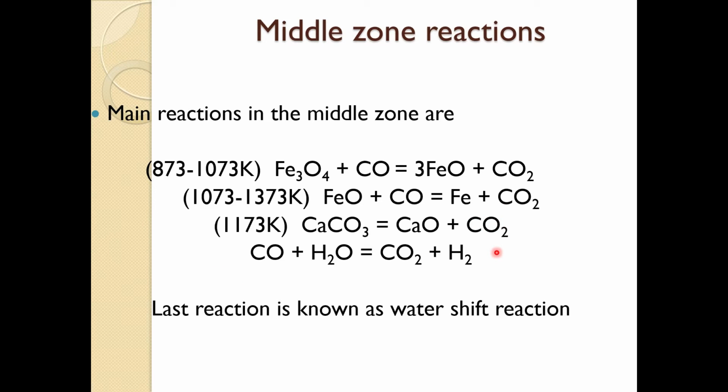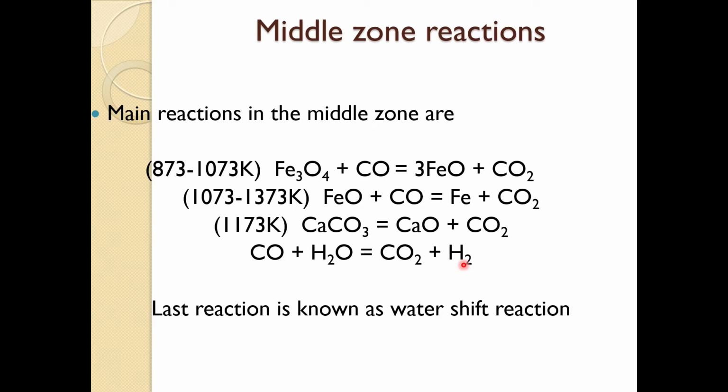Even whatever moisture is there also reacts with the CO and gives CO2 and hydrogen, and as you know, hydrogen is a much better reductant than CO. So the reducibility of the gas increases by this hydrogen. This reaction is also known as the water shift reaction.